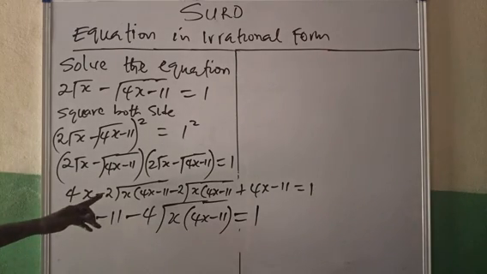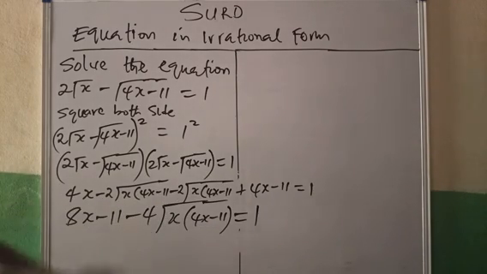Remember, minus 2 plus minus 2 will give you minus 4. Very correct.